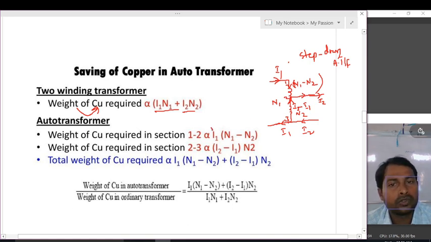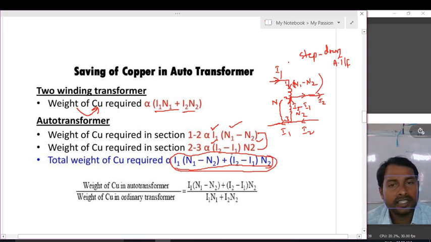For section 2 to 3, the number of turns is N2 and the current through it is I2 minus I1. If I add these two, we will get the total MMF, which is the total weight of the auto transformer.